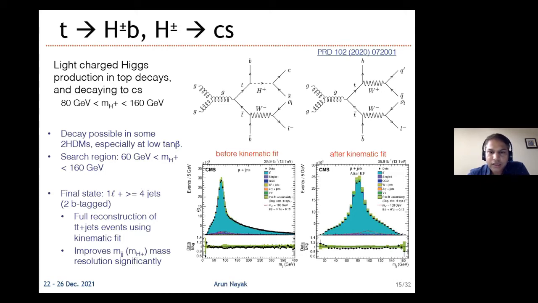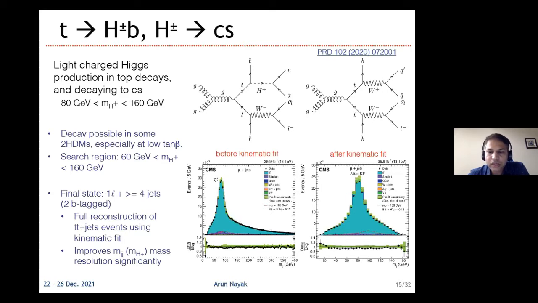And then the final discriminant that is used is the pair of jets coming from the charged X. If you just calculate the dijet mass distribution, you will have a very large tail because of the resolutions, and also combinatorial backgrounds.